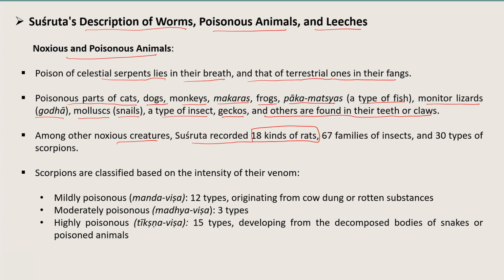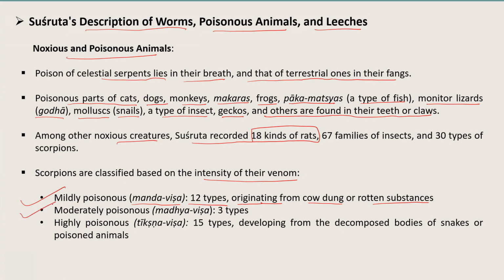Scorpions are classified based on the intensity of their venom. That is, mildly poisonous, Mandavish, 12 types originating from cow dung or rotten substance.